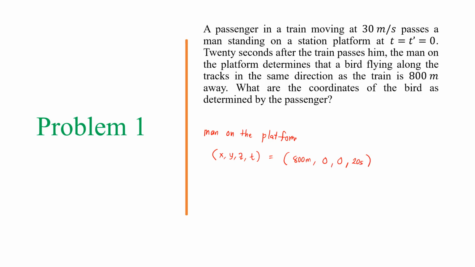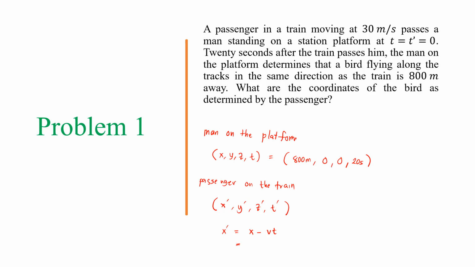Now for the passenger on the train, the coordinates will be the primed coordinates. We have x prime, y prime, z prime, and t prime. So x prime, according to the Galilean transformation, is just equal to x minus vt.